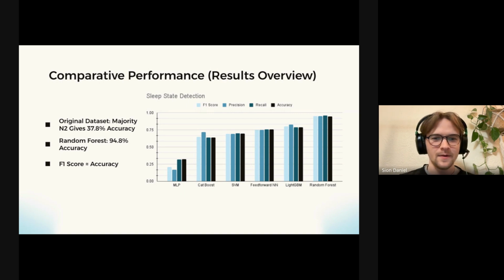Now, LightGBM and our feed-forward neural network approaches did pretty well with just under 80%, showing solid performance. However, the other models fell short, really highlighting how the combination of sampling strategies and model selection that we chose to go with significantly increased our overall performance, proving Random Forest to be most effective in our case.